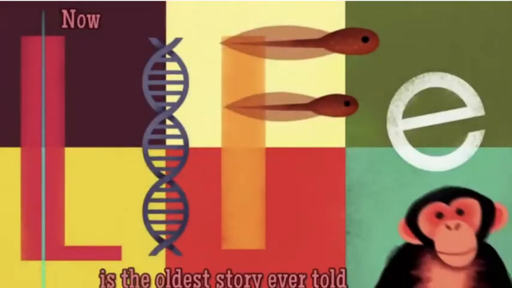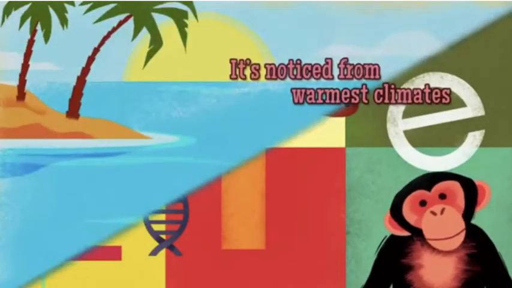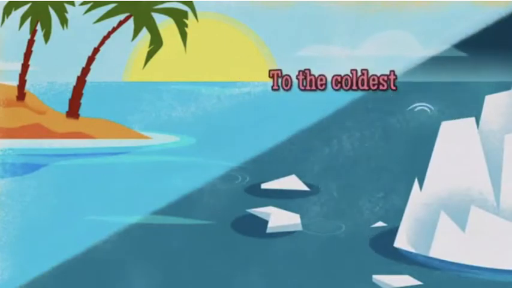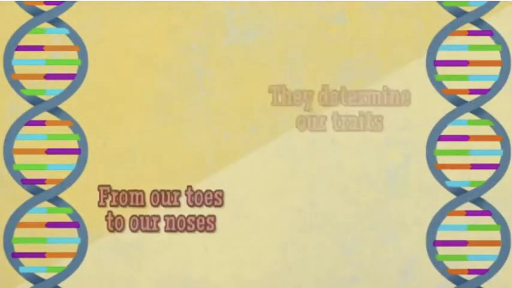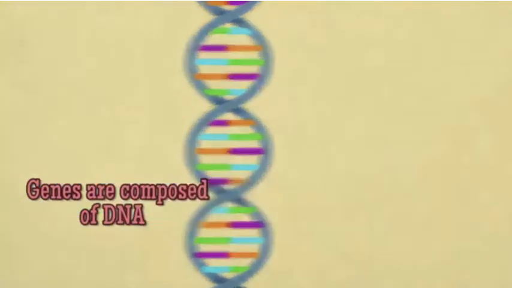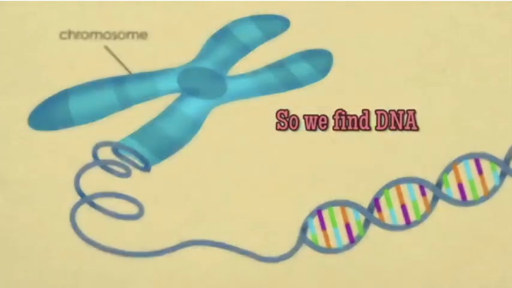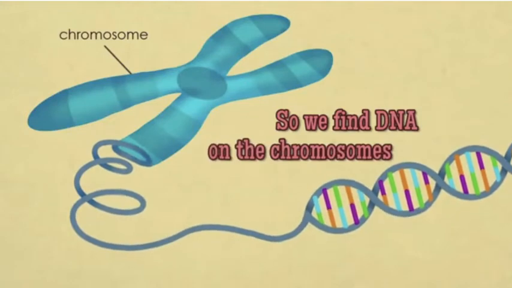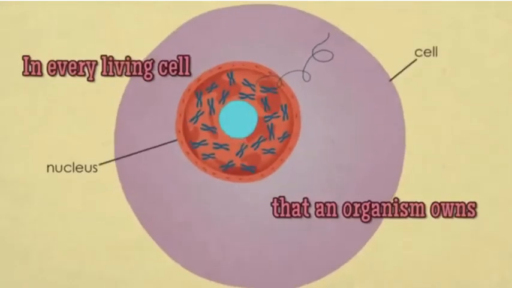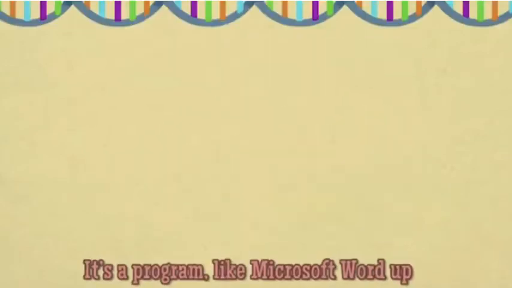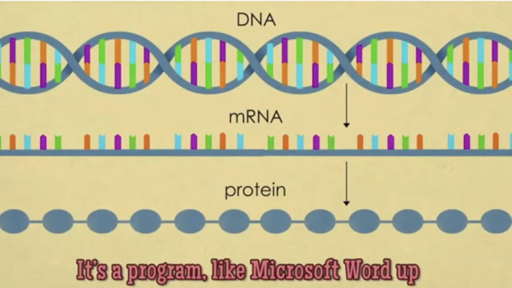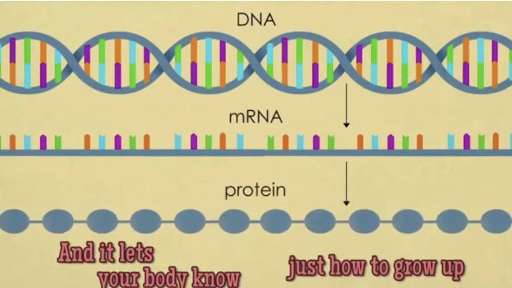Now life is the oldest story ever told. It's noticed from warmest climates to the coldest. But genes are the code that let it unfold. They determine our traits from our toes to our noses. Genes are composed of DNA, so we find DNA on the chromosomes in every living cell that an organism owns. So genes make a frog from a tadpole. It's a program like Microsoft Word, and it lets your body know just how to grow up.